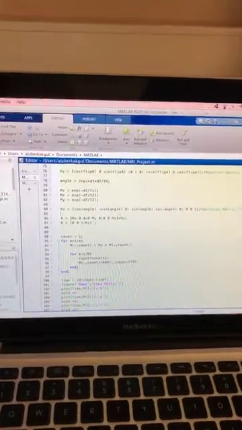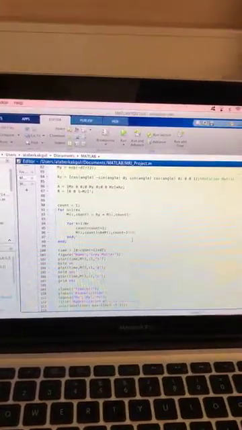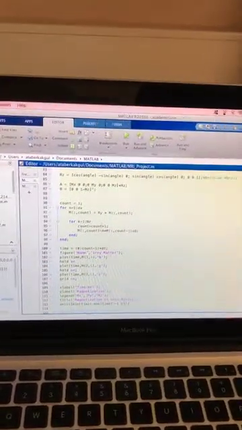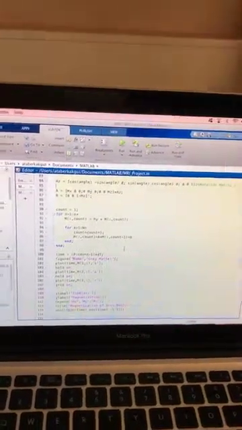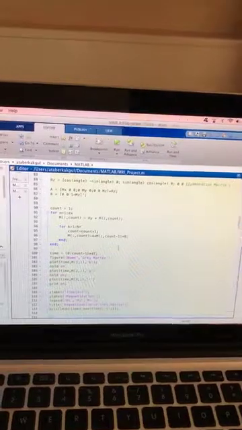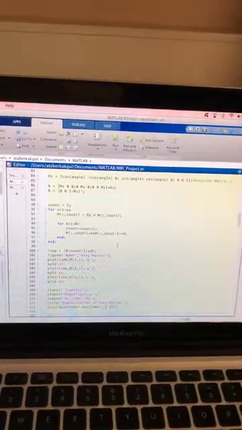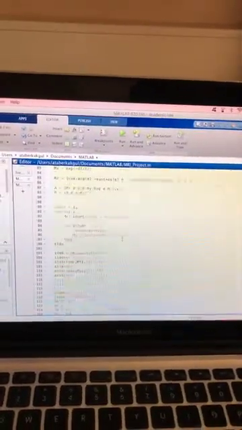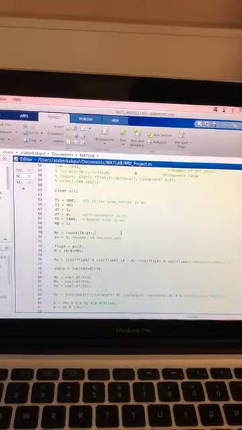So this is the rotation matrix for the z-axis. This for loop stores the magnetization in terms of x, y, and z in a matrix called M. And the rest is the plot sequence. So let's run this.